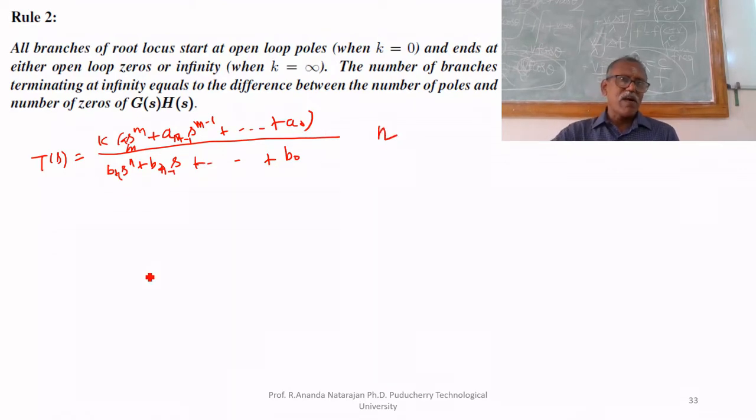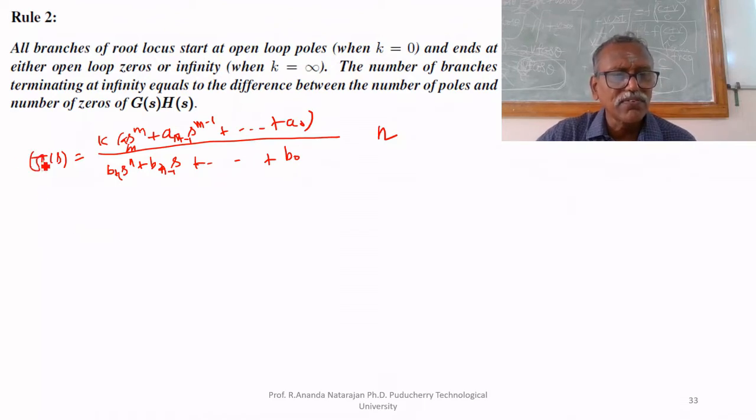Order is N. How many poles for this? N number of poles. How many root locus branches? N number of root locus branches. But where it will start when k equal to 0, that we have to say. For that, we can say that this is G of S.